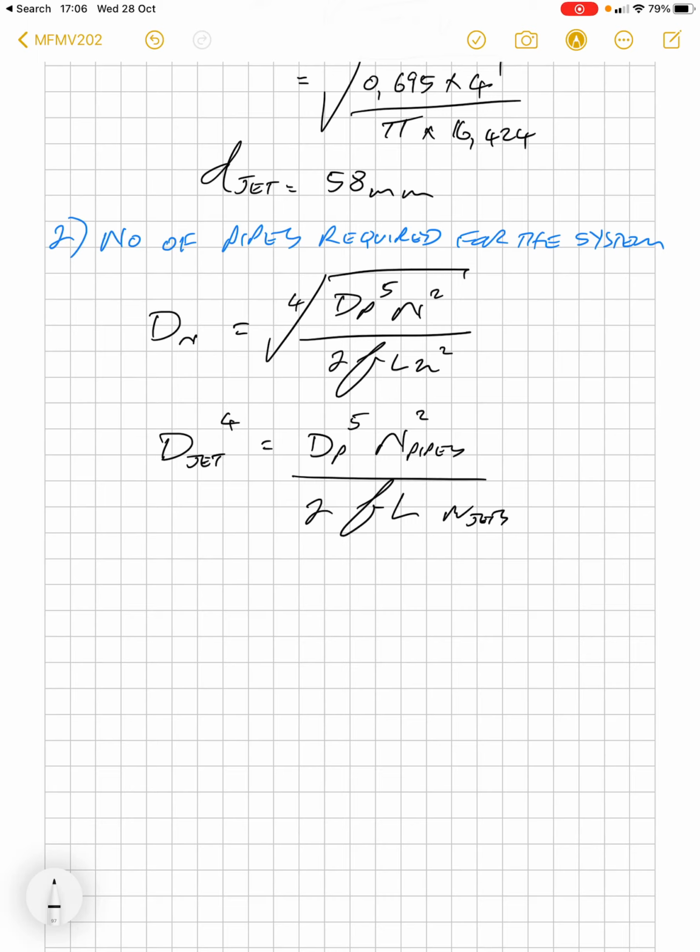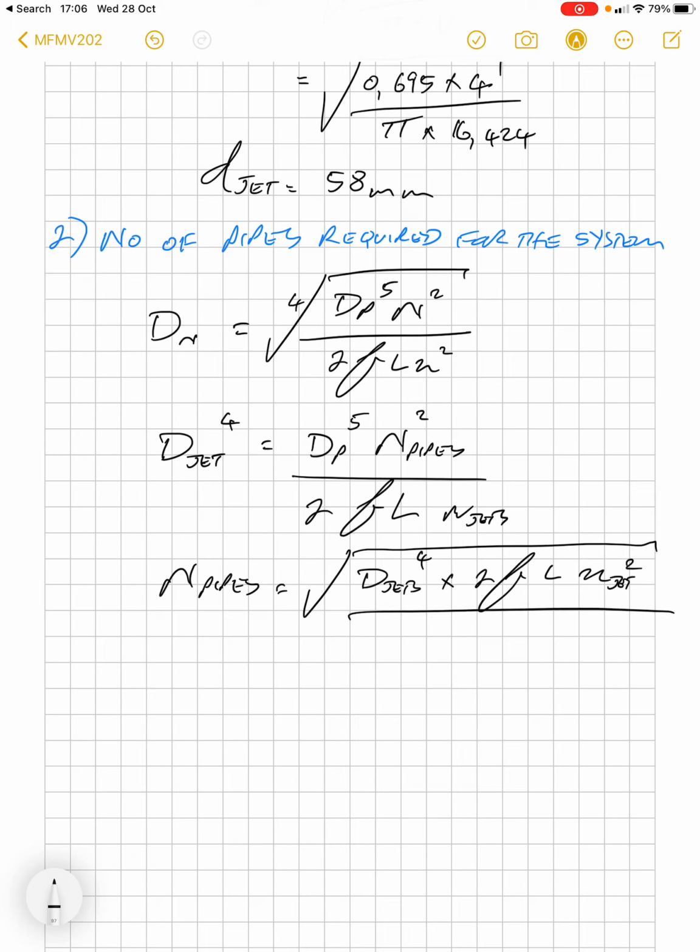Right, so taking the number of pipes as the subject of the formula, we get the square root of d jets to the 4 times 2 FL n jet squared over dp to the 5.